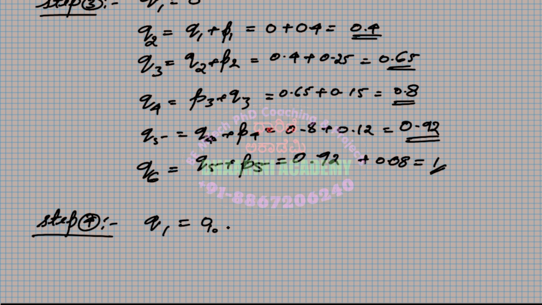Q1 equal to 0 to the base 10. I know that this has to be of length equal to 2, right? So once again, it remains same. This is simply 0.00 to the base 2. Then go to Q2, which is 0.4 to the base 10. I need to represent this also as the length equal to 2, correct?